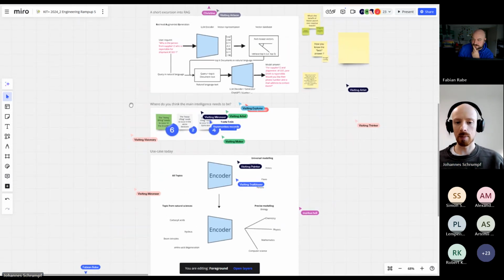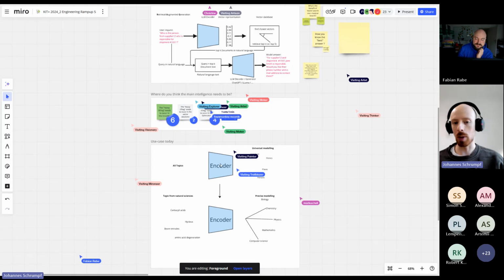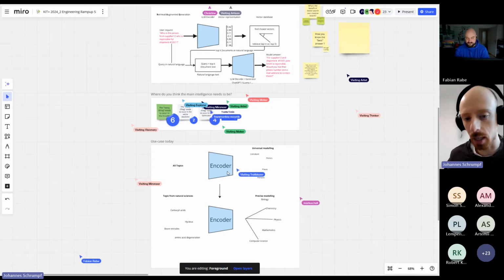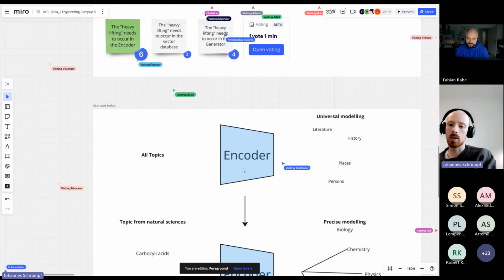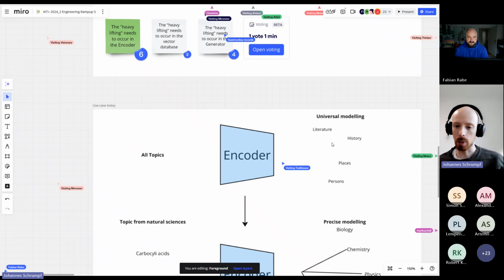Today we want to train an encoder, or modify an existing encoder, that starts off as a more or less universal modeling encoder, with the capability of modeling many different topics in a different way. For example, topics from literature, history, places, persons, and other topics that are very meaningfully distinct. This is a good place to start, but we want to make the domain more narrow.